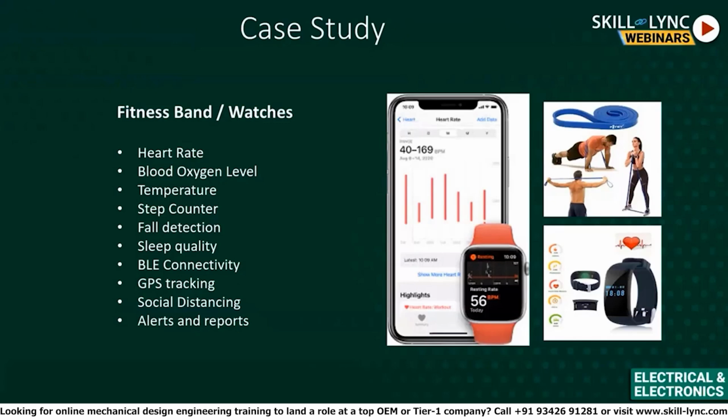Instead of reading it continuously, we set some parameters. Based on that, the temperature is calculated by itself and it keeps the data ready. Whenever the user requests to read the temperature, let's say on my smart band I have a touch button. Once I touch temperature, it will send a request to my sensor that I'm ready to read the data.